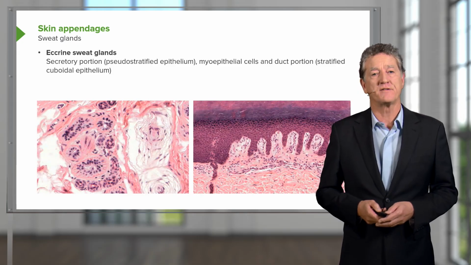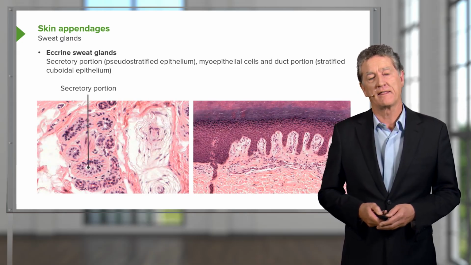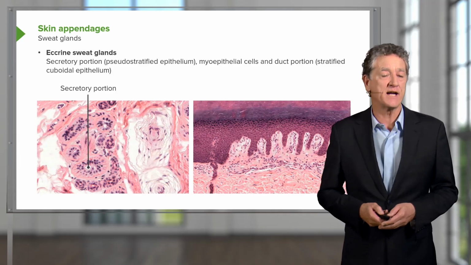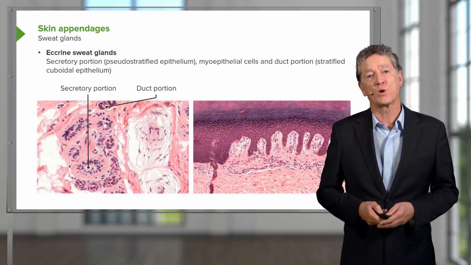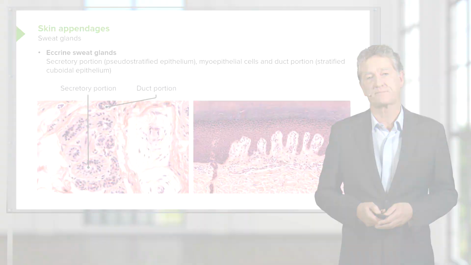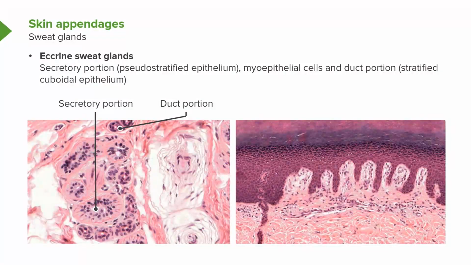It consists of a secretory portion that I've labelled here, a paler stained portion of the gland, and a duct portion, which is a darker stained area. Much smaller profile the duct portion has than the large, wider lumened secretory portion.